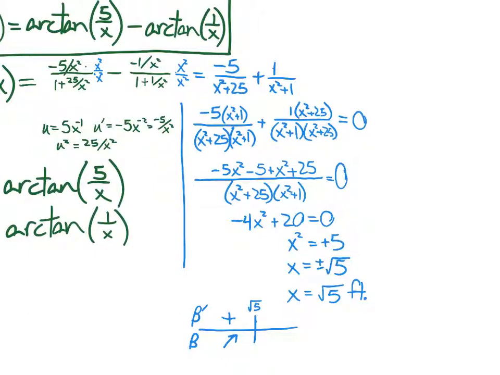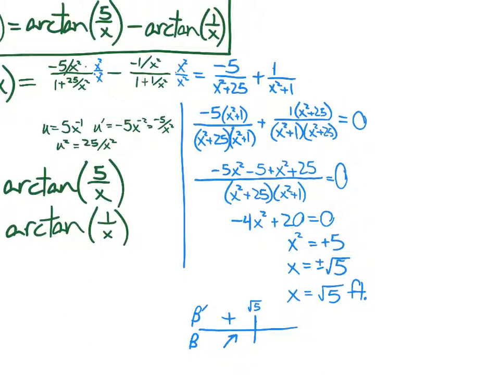Square root of 5 is about 2.23. So if I plug in, say, a 3, I'm going to have negative 5 over 34 plus 1/10.